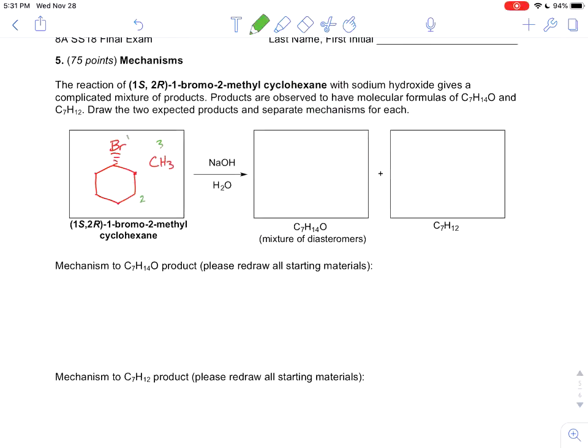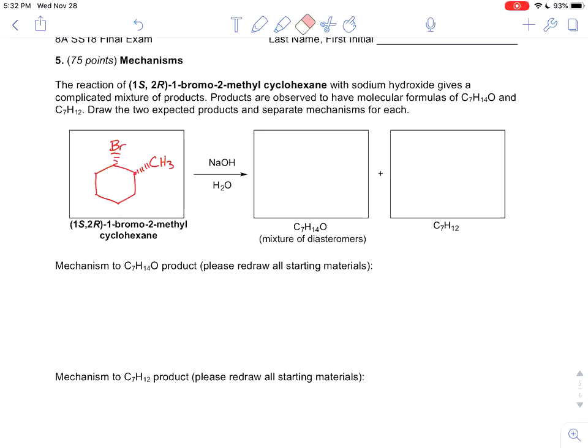So if you go around and count the circle, 1, 2, 3, it's going counterclockwise, or S. So we want to make sure to flip that by making that one dashed as well. So now it looks like S, but it's actually R because that hydrogen is coming out. We're looking at it in the wrong way. So it's actually R.